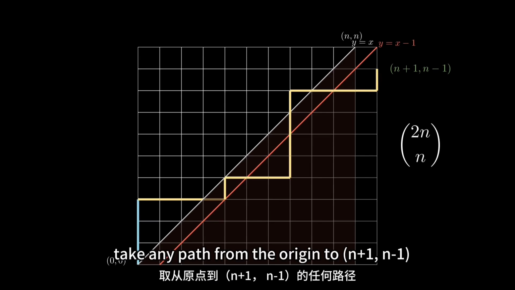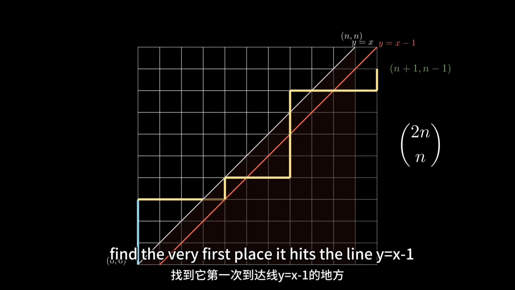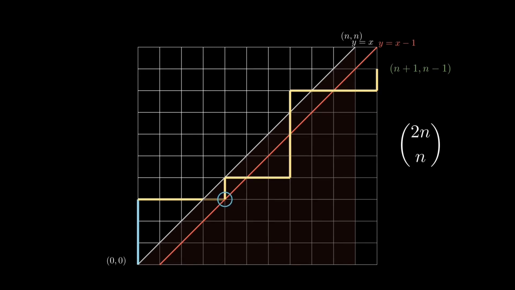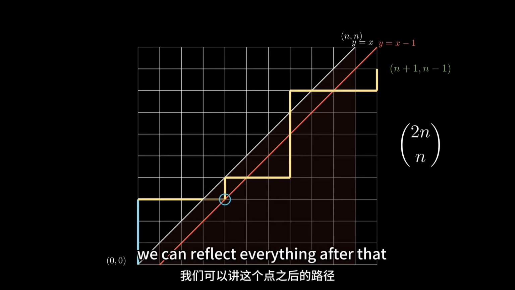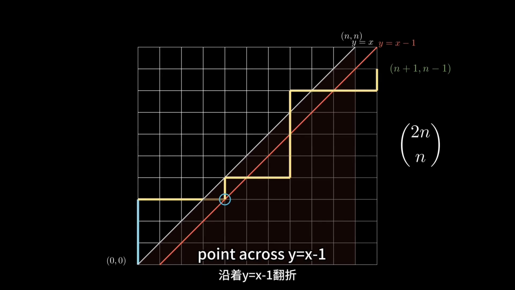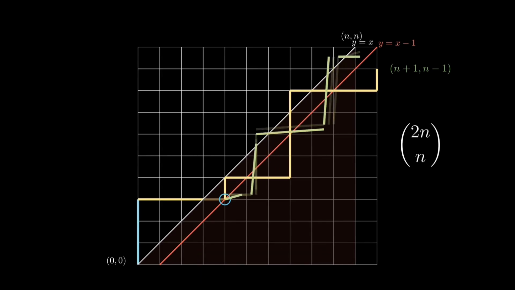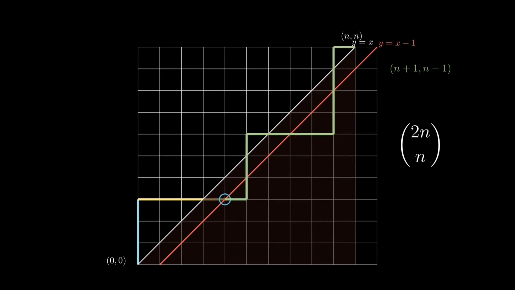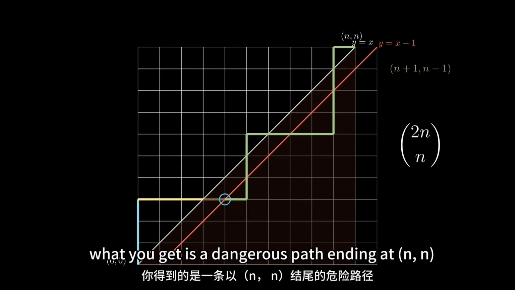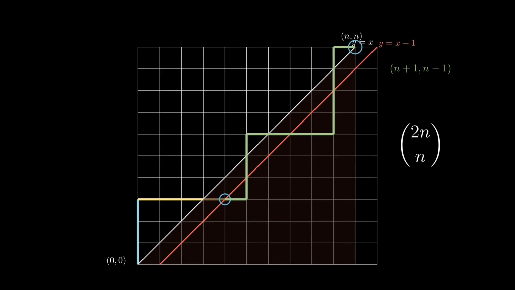Take any path from the origin to (n+1,n-1). Find the very first place it hits the line y equals x minus 1. And then, we can reflect everything after that point across y equals x minus 1. What you get is a dangerous path ending at (n,n).